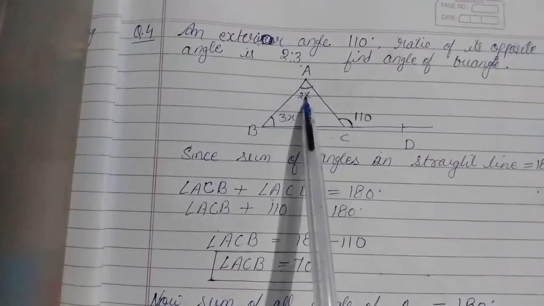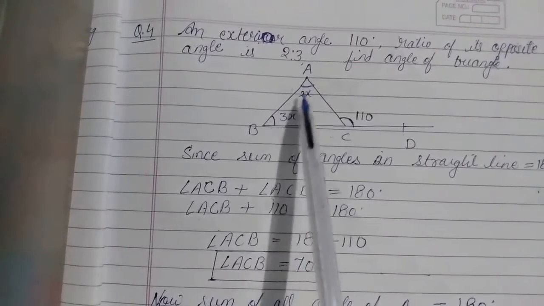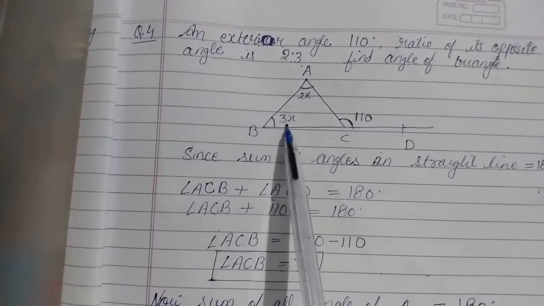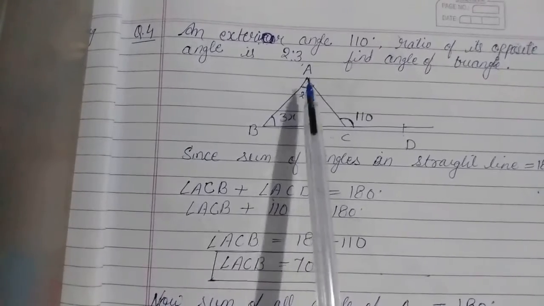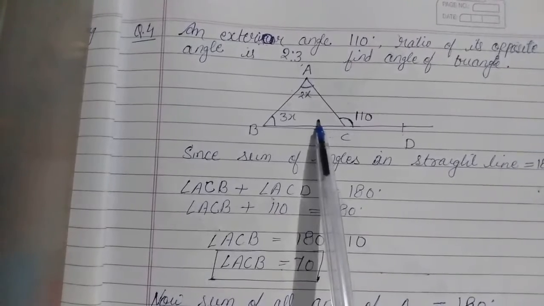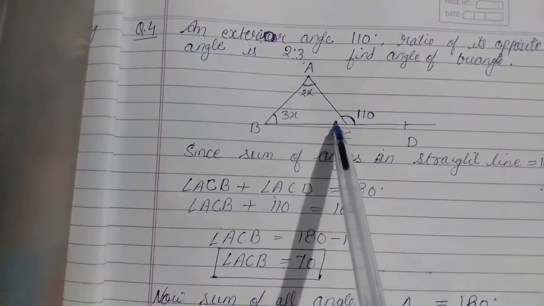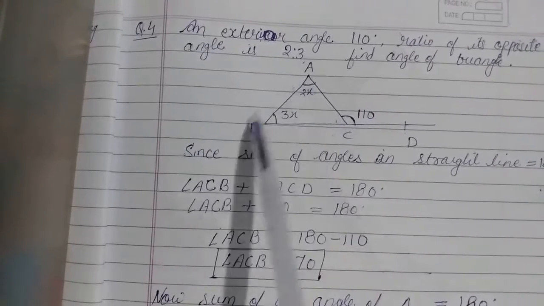So I am considering 2x and 3x. Its opposite interior angles are 2x and 3x, and now we have to find angles A, B and C. So firstly we will find this angle. Okay, after then we will find A and B.